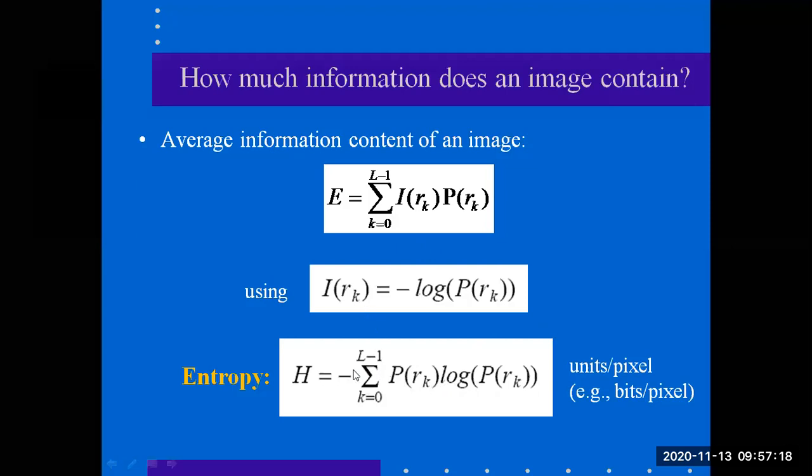So simply the entropy is given by minus sigma k equal to 0 to L minus 1 I of R k into P of R k. To get this I of R k, we use minus log of P of R k. If you take the product of these two terms, you will get the entropy.